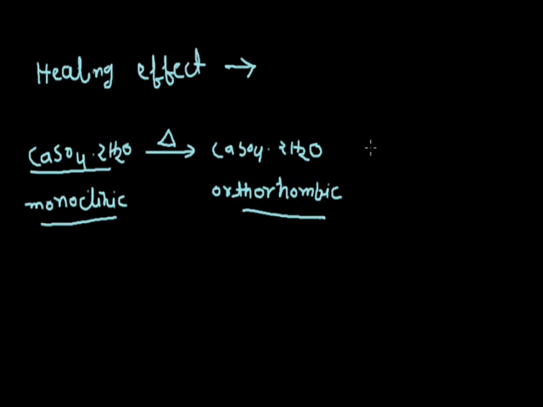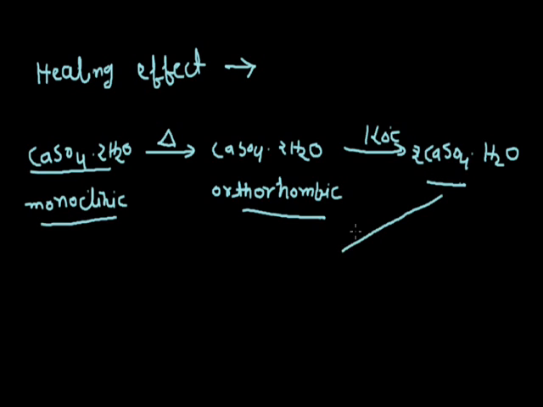Now, on further heating up to 120 degrees centigrade, the orthorhombic form of gypsum is converted into plaster of Paris, that is 2CaSO4·H2O. Here, two molecules of calcium sulfate contain one water molecule, so each calcium sulfate has half a water molecule.